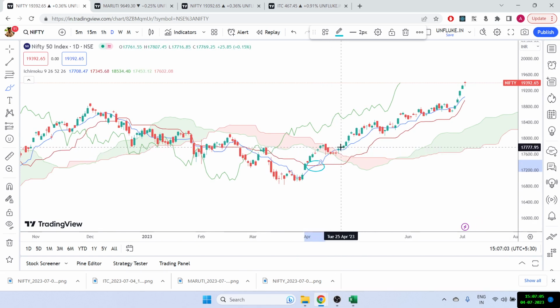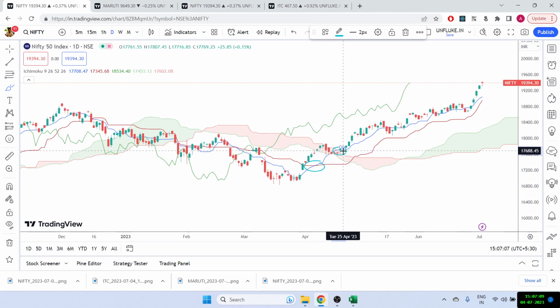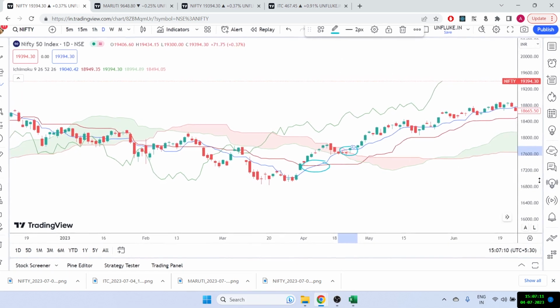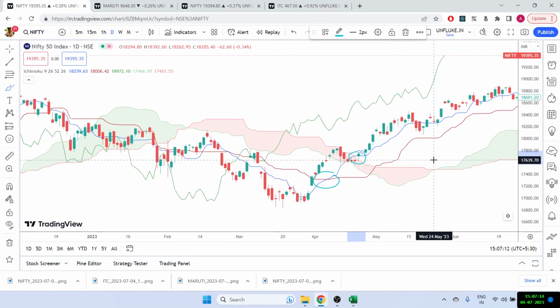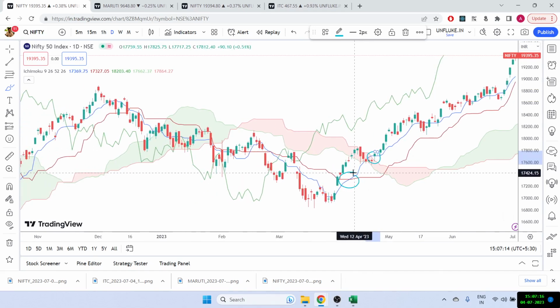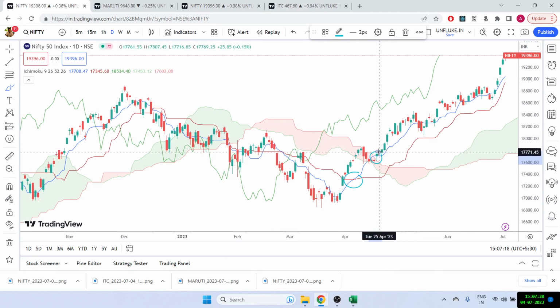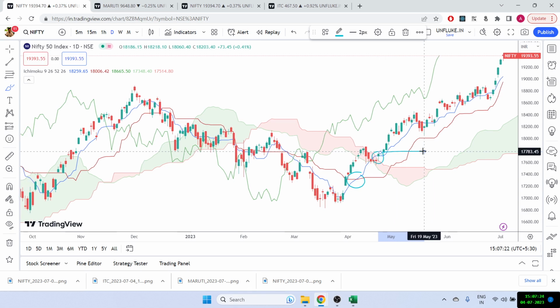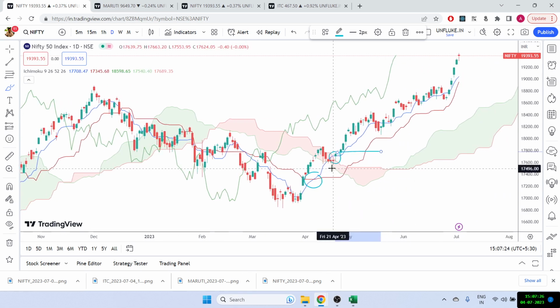You can see that the closing happened here on this green candle. At this point, the candle has closed above the cloud, and I've already got the crossover of the blue and the red line, so I can go for a buying entry now.